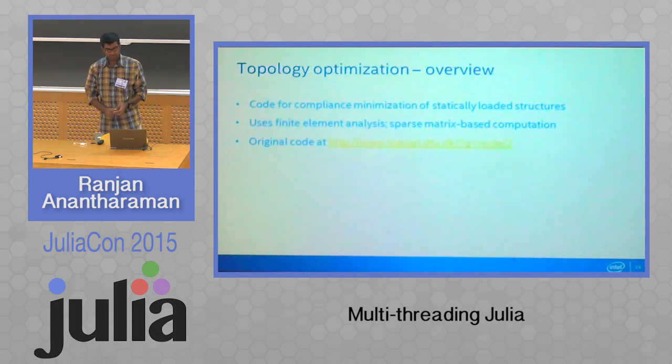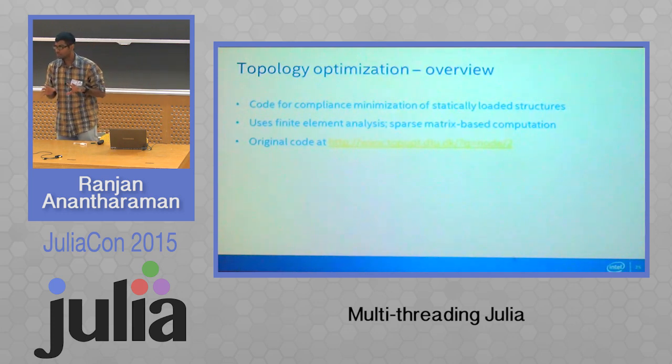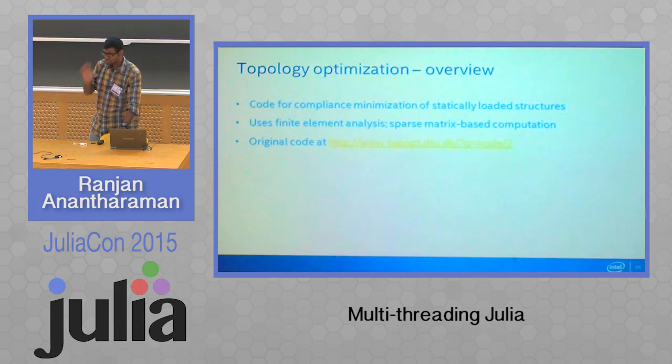So the last workload is this topology optimization workload. Essentially you have this grid, and there's a load at this corner, right? And you're trying to find the best shape to support this load. This is called a shape optimization problem.